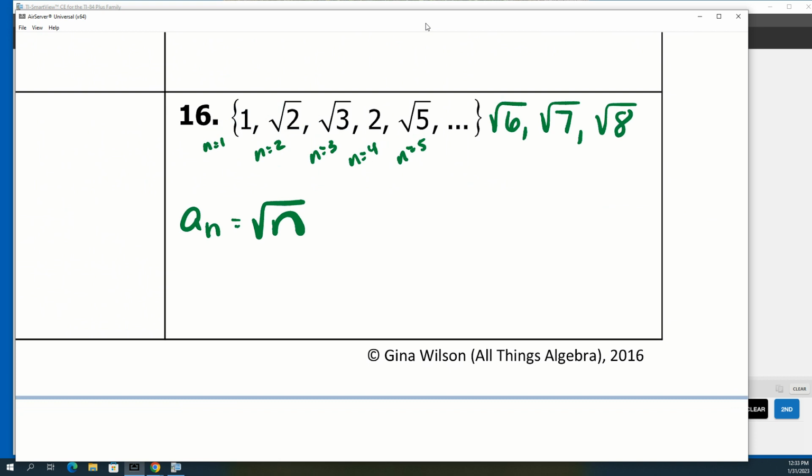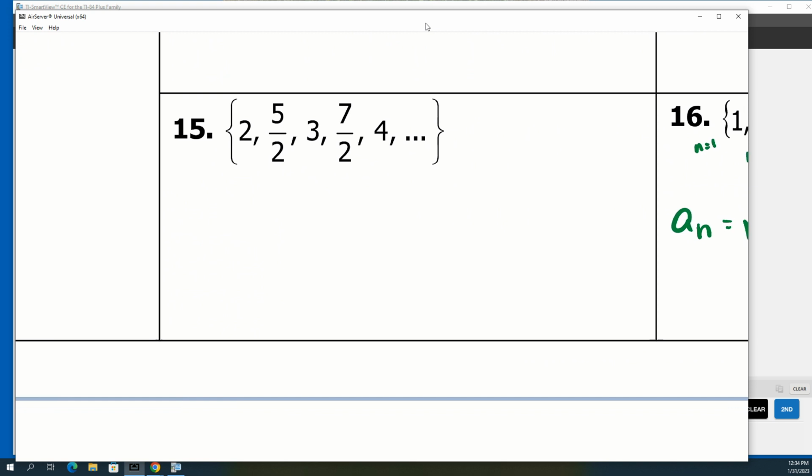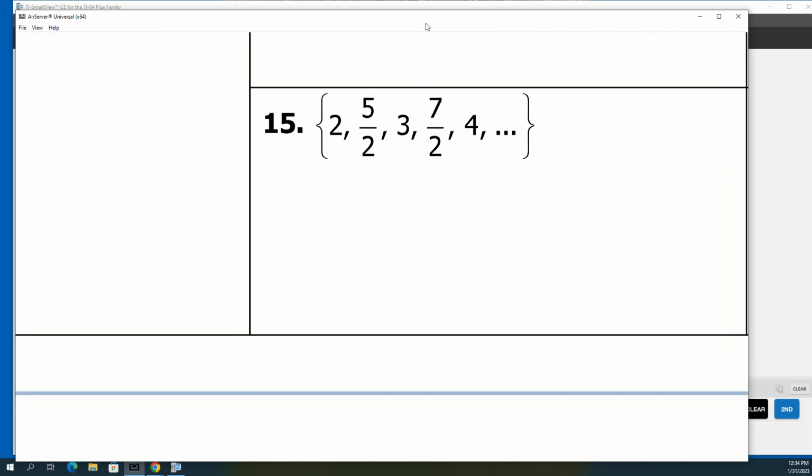All right. Let's look at the next one. It's kind of tough. Okay, so on this one, we're going to plug 1 in and get 2, 2 in and get 5/2, 3 in and get 3, 4, 5.